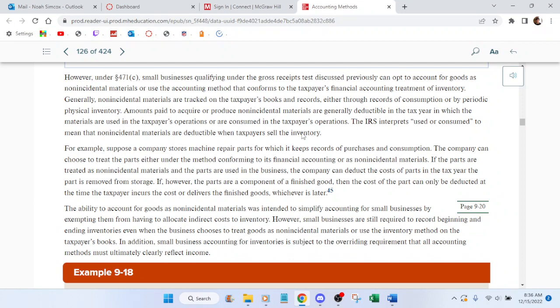For example, suppose a company stores machine repair parts for which it keeps records of purchases and consumption. The company can choose to treat the parts either under the method conforming to its financial accounting or as non-incidental materials.